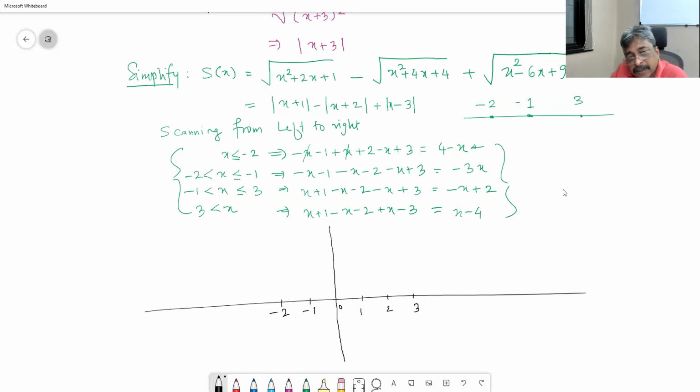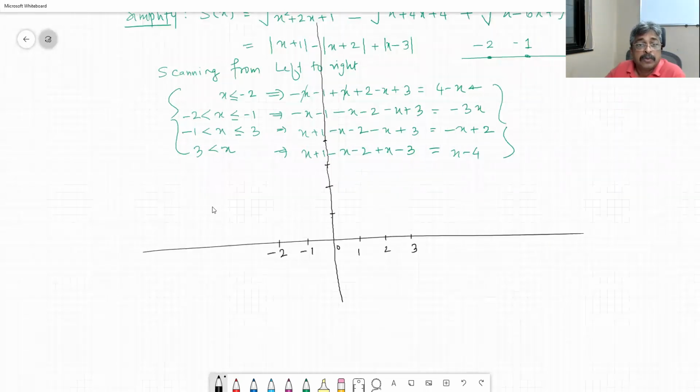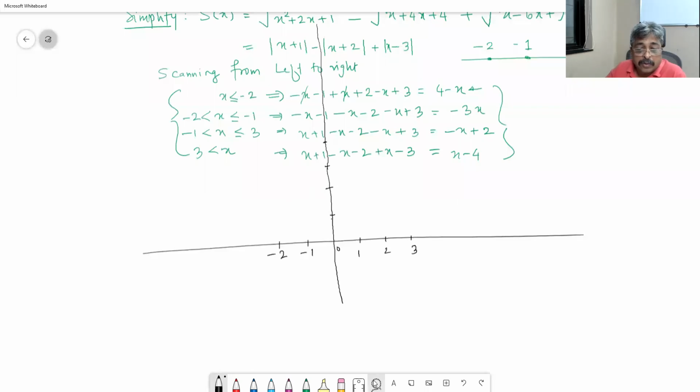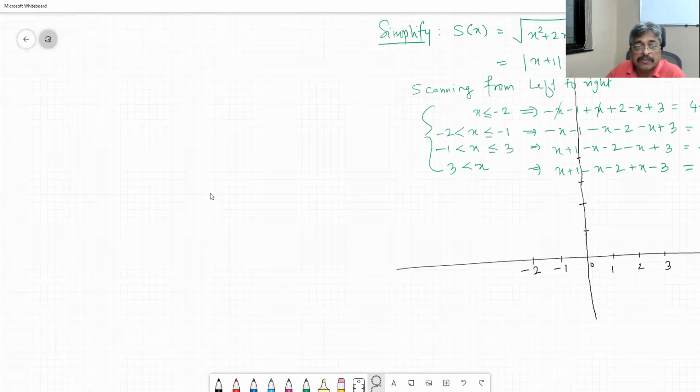Okay, now forgive me about this, but I don't want to try it again. 1, 2, 3, 4. I think I should be able to shift it a little bit below, but let me check what I can shift.